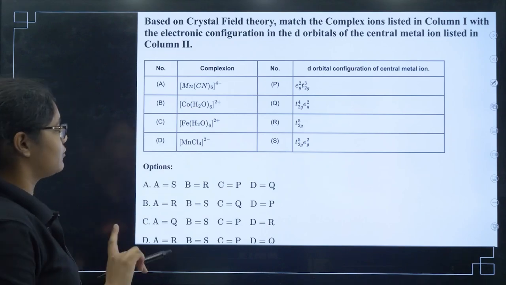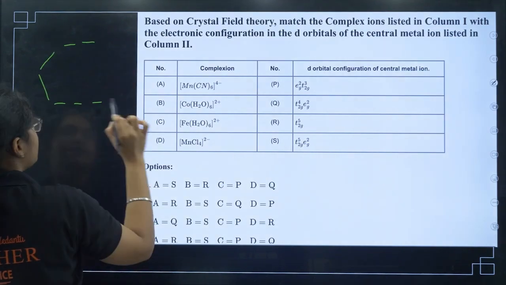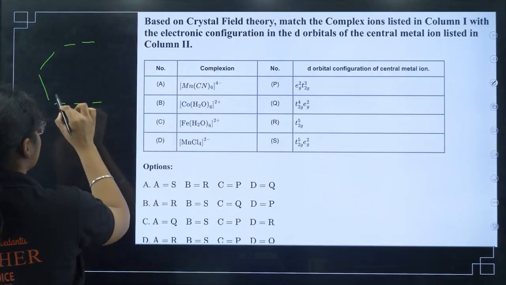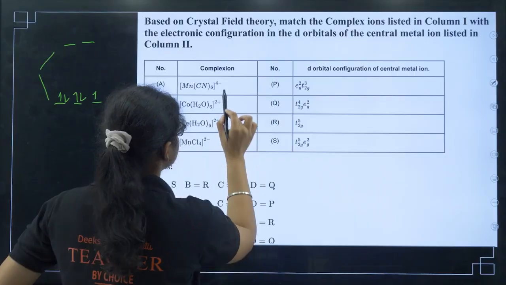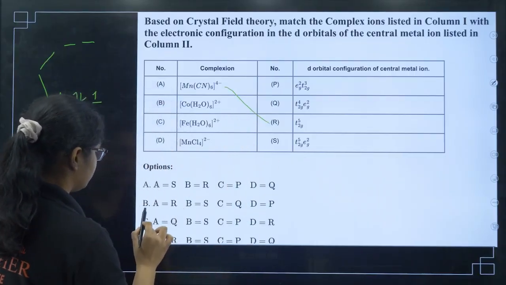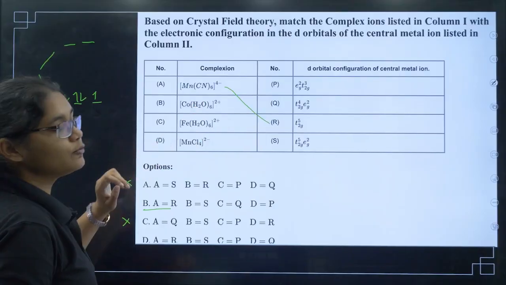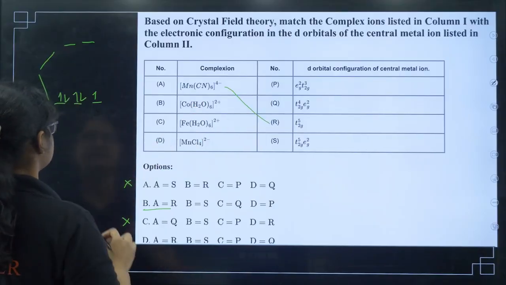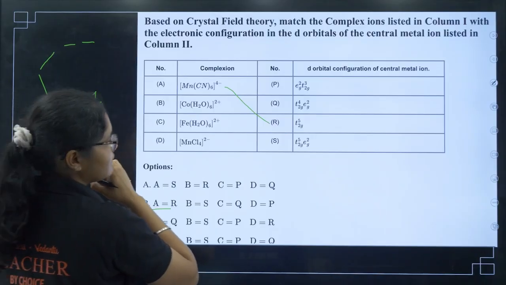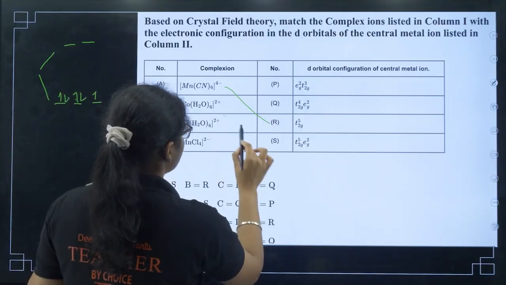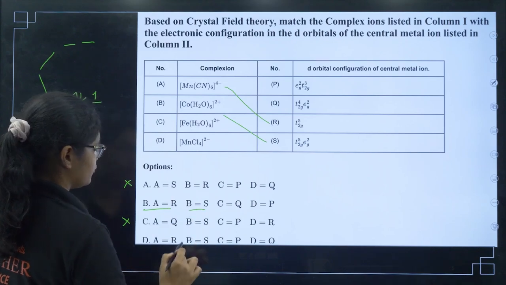T2g and eg, d5 with a strong field ligand, so there will be pairing of electrons, so I will get t2g5 configuration, that is A will be R. So I have 2 options, so I can eliminate A and C. Next, cobalt 2+ is 3d7, 1 2 3 4 5 6 7. So it is t2g5 eg2. So B has to be S here. So A, R, B, S, both the options are having.